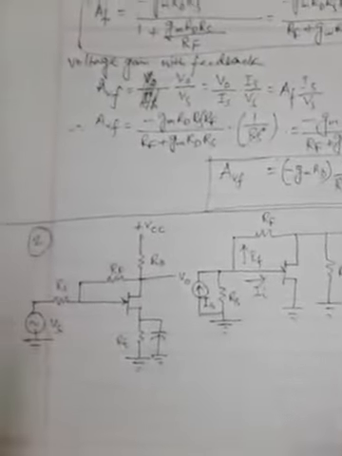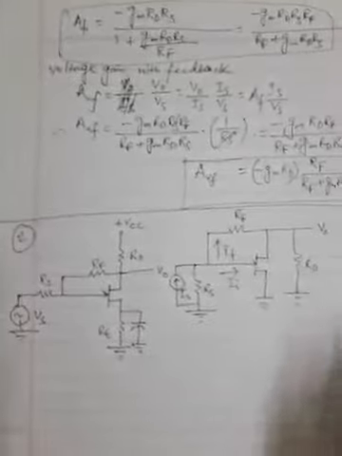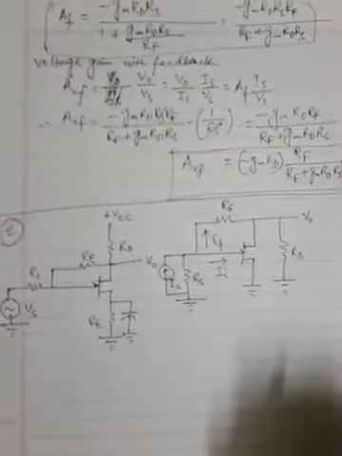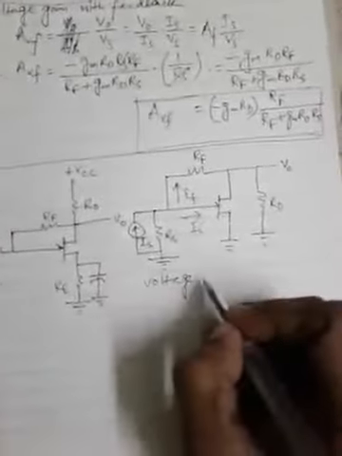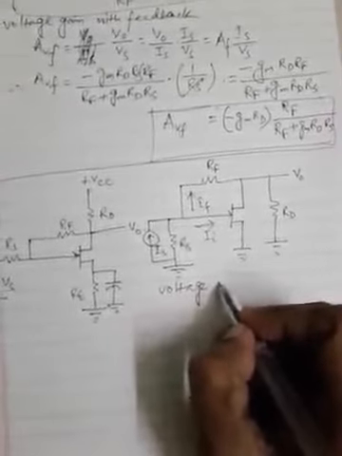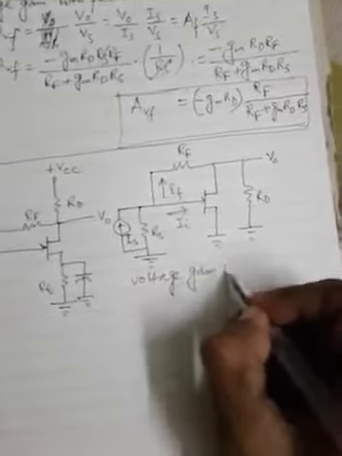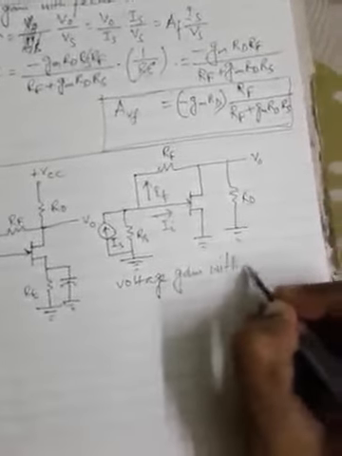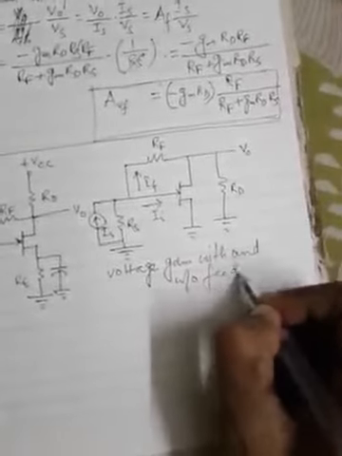Now let us solve this numerical problem based on the given voltage shunt feedback practical example. We need to calculate the voltage gain with and without feedback from the given circuit. This is the circuit and this is the equivalent circuit we have already seen earlier. So this is the voltage gain we need to find with and without feedback.